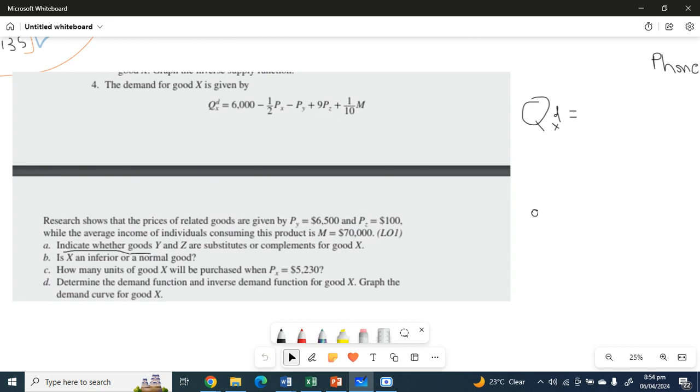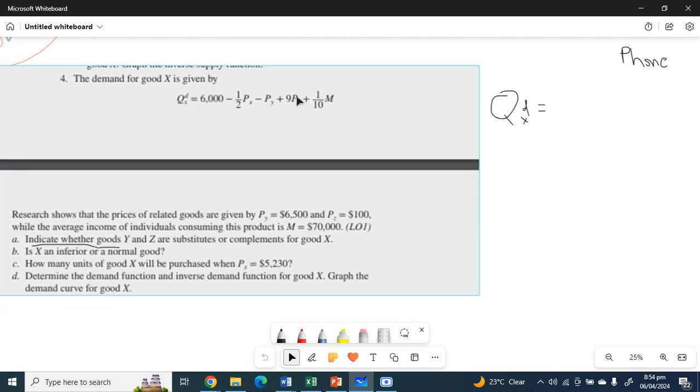So first of all, they ask us to indicate whether goods Y and Z are substitutes or complements for good X. In order to do this, we need to focus on the sign before the letter. For good Y, we can see it's a negative sign, and for good Z it's a positive sign. So let's say QDX equals 6,000.